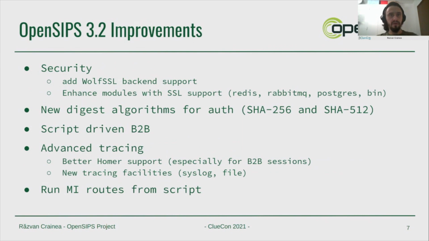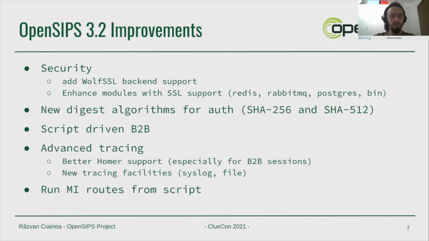So instead of having the replication traffic visible to anyone like it was up until now, you can have it encrypted using SSL. We also worked on the digest algorithm for user authentication. So instead of using the almost deprecated MD5 algorithm that was being used up until now, we added support for SHA 256 and 512.